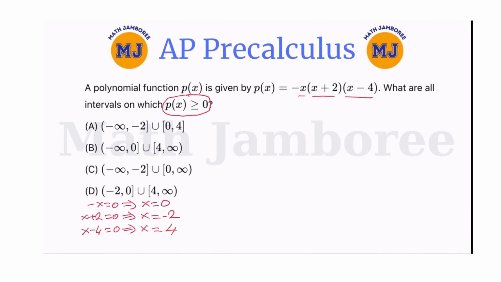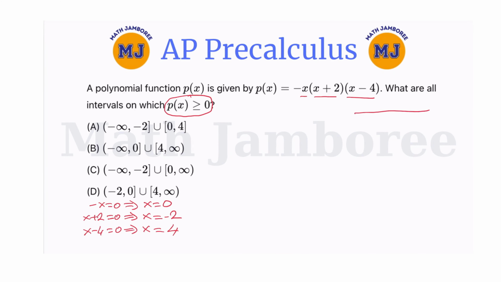So we have these three roots. Let's put them in order. So negative 2 comes first, then 0 and positive 4. These three roots divide the number line into 4 pieces.